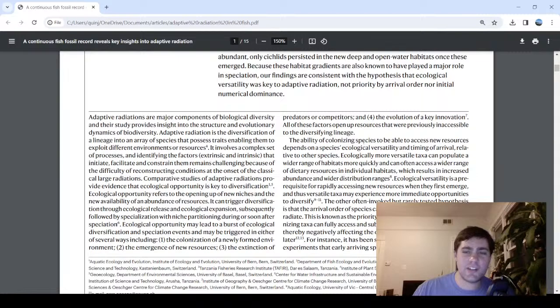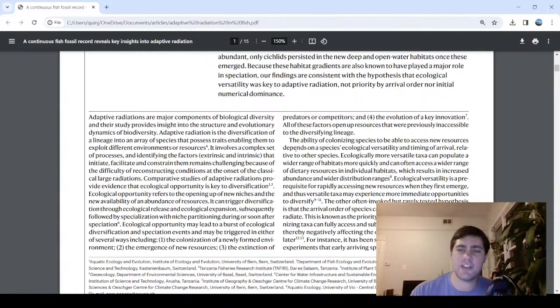The ability of colonizing species to access new resources depends on a species' ecological versatility and timing of arrival relative to other species. Ecologically, more versatile taxa can populate a wider range of habitats more quickly and can often access a wider range of dietary resources in individual habitats, which results in an increased abundance and wider distribution ranges.